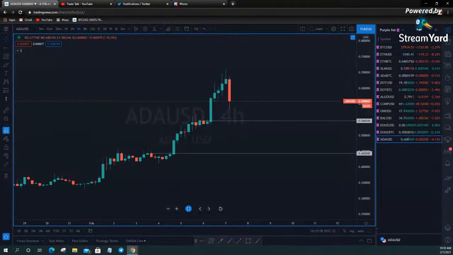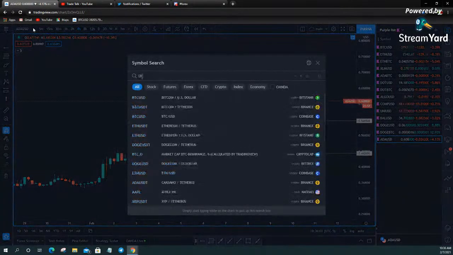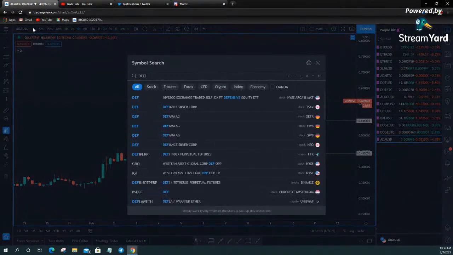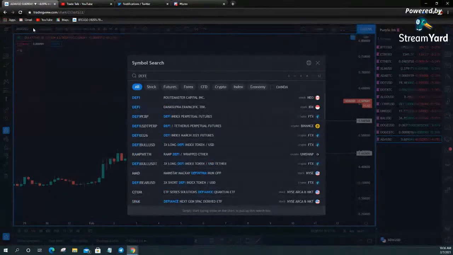Can you look at DeFi USD perp? All right, I will try to pull that up. I do not know the ticker. Is that against Tether? DeFi USD. Is that the ticker? DeFi USD perp?